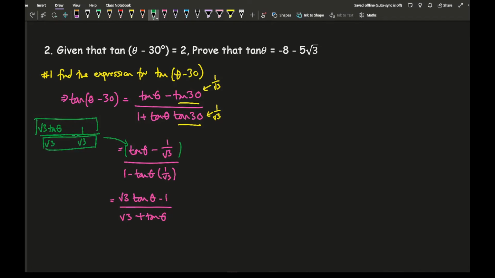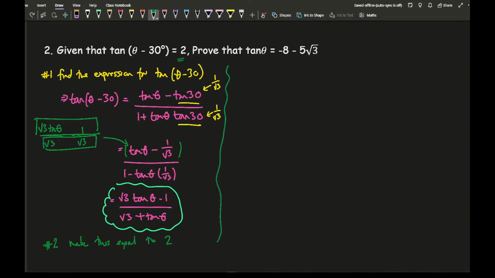So there we go. Once we've got our expression here, for the second step, what we now do is make this equal to 2, because the question tells us that.